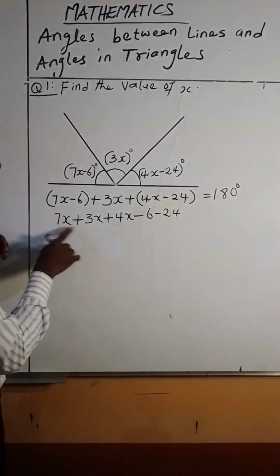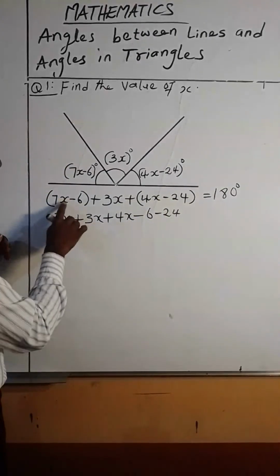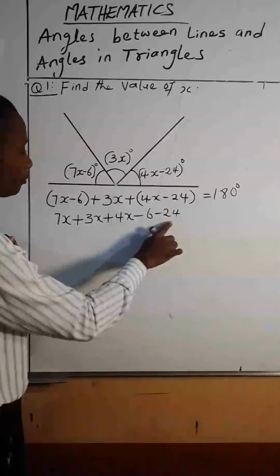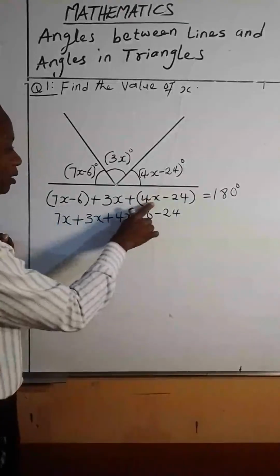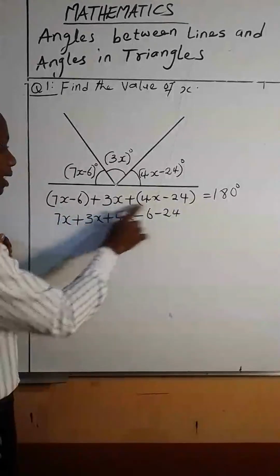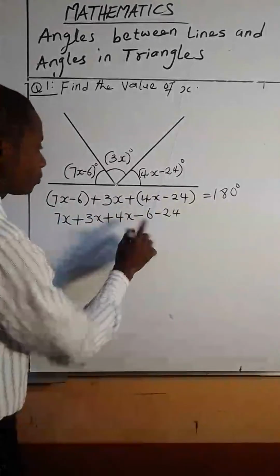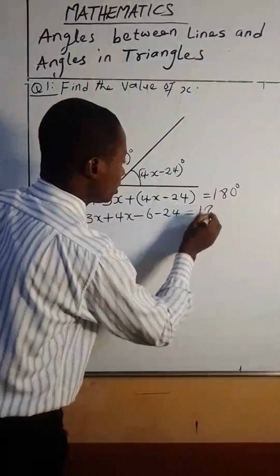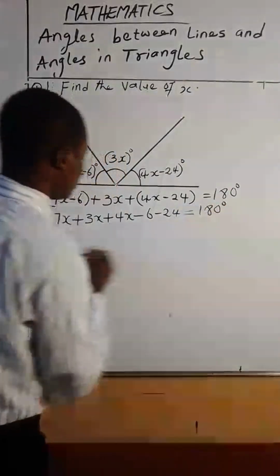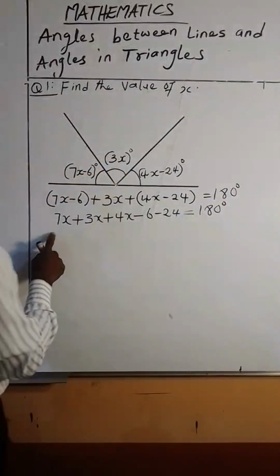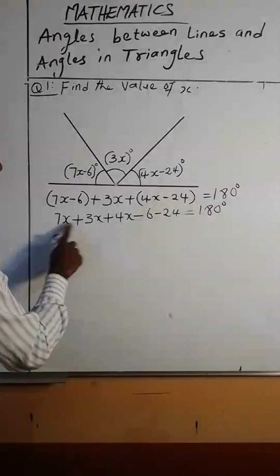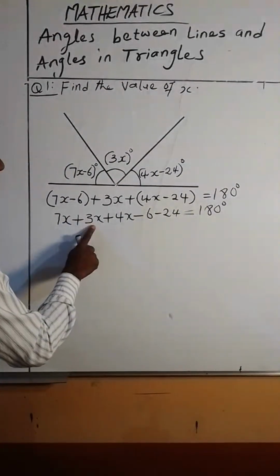So we have added everything here. The two numbers are already here, and the terms in x are already here. So we can then equate to 180 degrees. Now it is time for us to add up. We have 7x plus 3x, that is 10x.